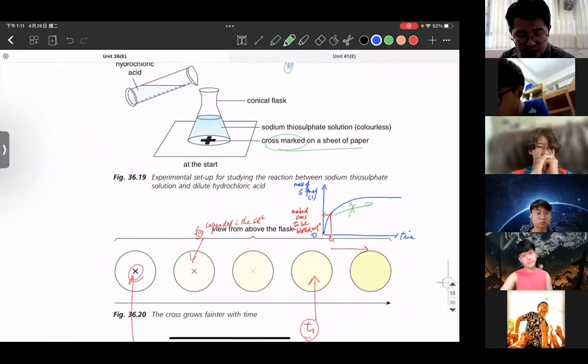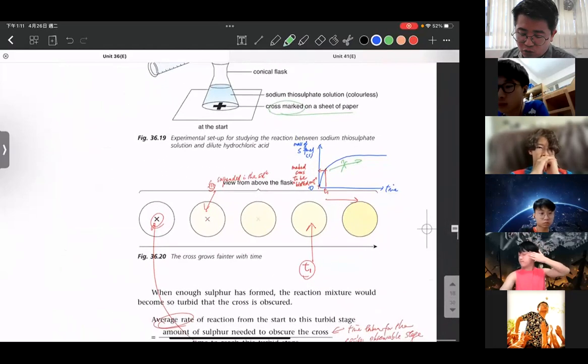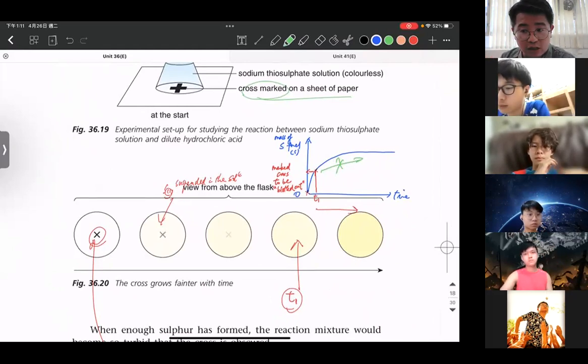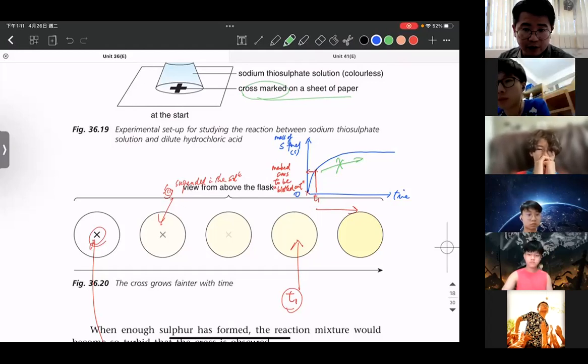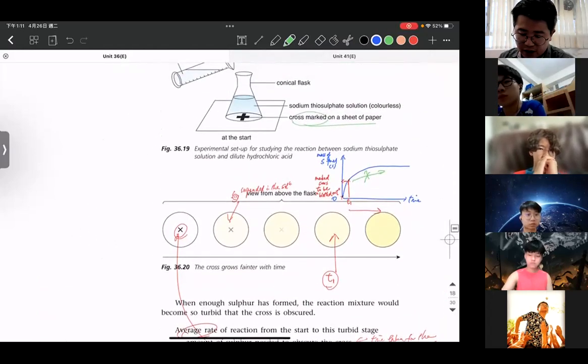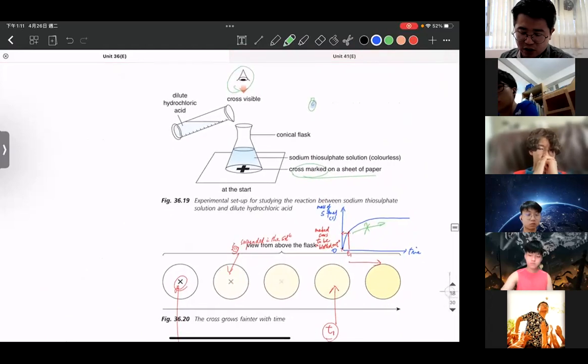So you may find that the mark cross, while you look through the colored solution, becomes fainter and fainter. Wait until it is totally blocked. At the first total blockage, as determined by you, we stop the timer and measure the time. Can you get my point? So this is the moment at which the mark cross has been blotted out.